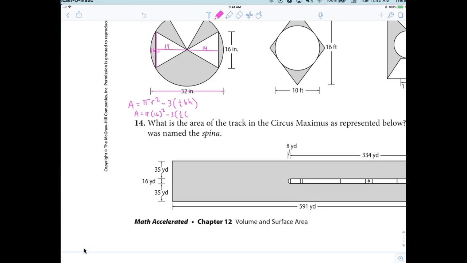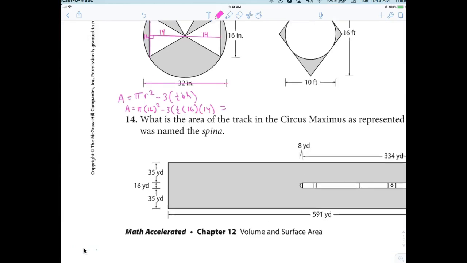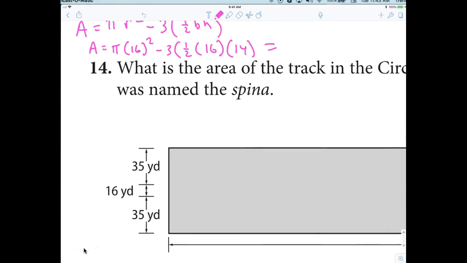Yeah, we can do that. It's kind of backwards, but it's okay. Base is 16 and height is 14. So everybody look at that now.